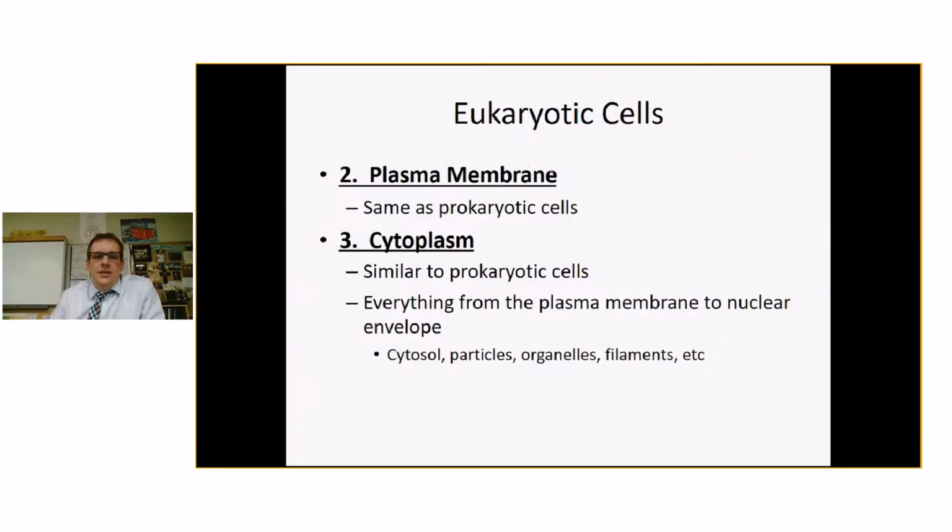In eukaryotes, they also have a plasma membrane. This is basically the same as in prokaryotes. Later in this unit, we're going to circle back to the plasma membrane and talk about some of its specific functions. But for now, you guys just need to know the basics. So remember, if it does the same thing as in a prokaryotic cell, that means that it regulates what goes in and out, right?